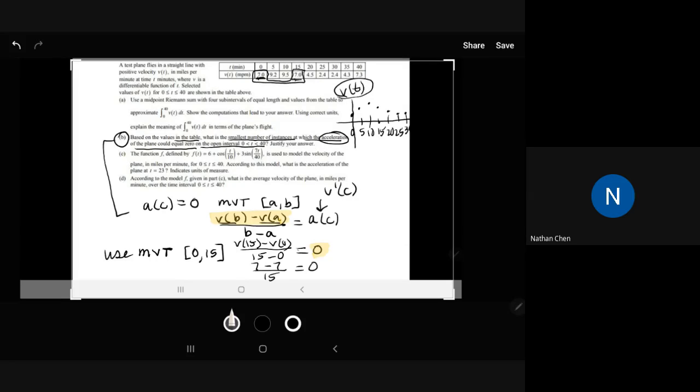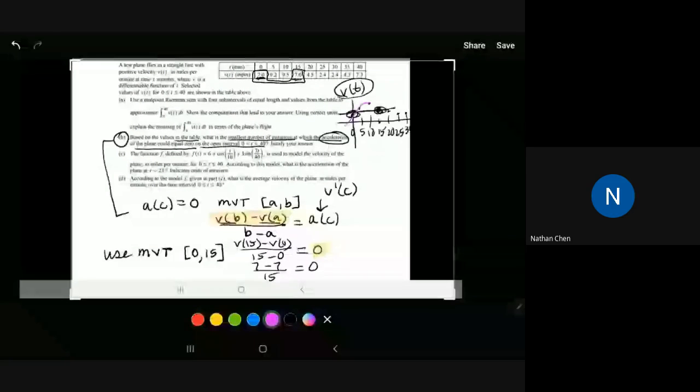So if I'm allowed to use mean value theorem on this interval 0 to 15, I just proved that somewhere in between the 0 spot on my graph and the 15 spot, which are supposed to be the same value, the slope between those endpoints, when you draw a picture in between, there has to be at least one value.